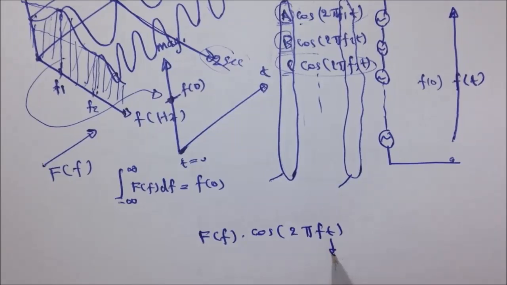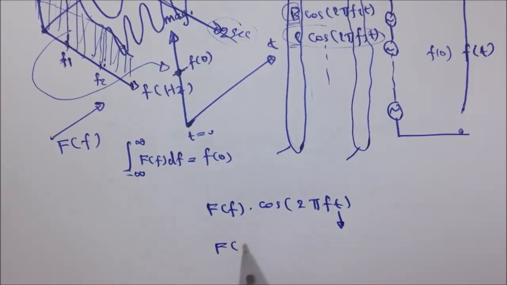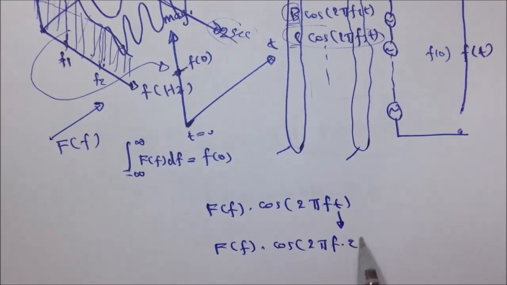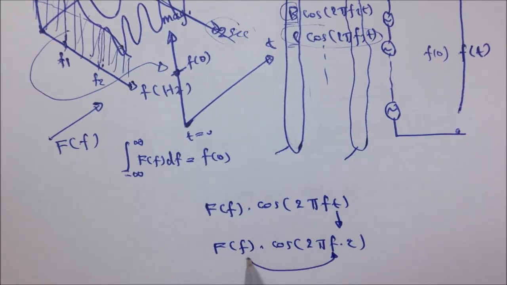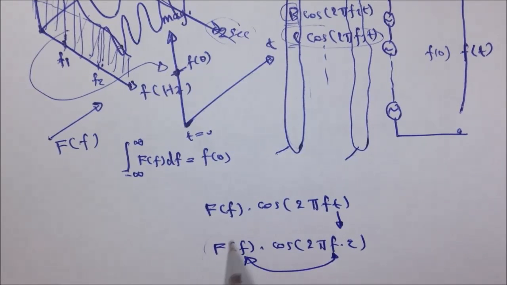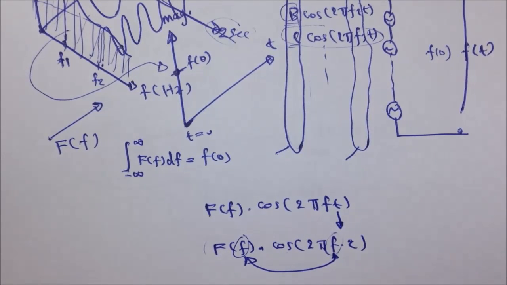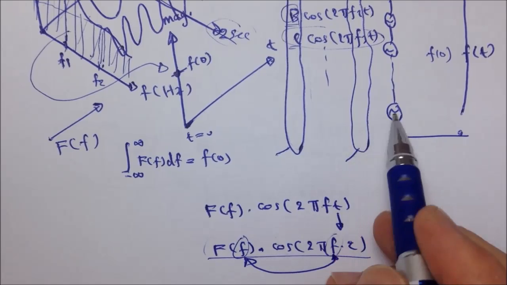So let's substitute t equals 2 seconds. We have F of f times cosine 2 pi f times 2. Let's just keep f variable such that every magnitude is multiplied by its corresponding sinusoid with the same frequency, which gives you the value of each source.